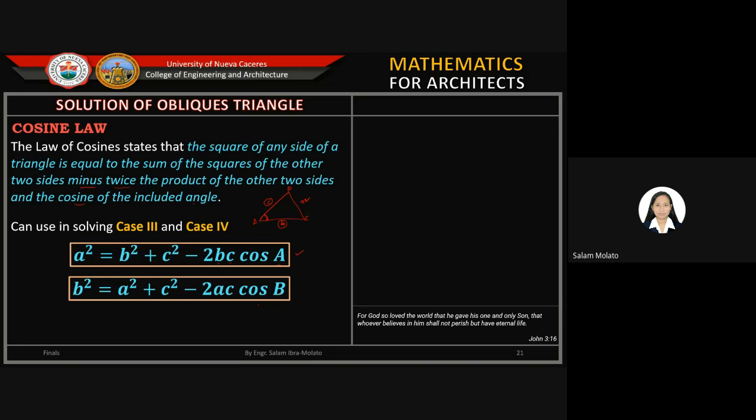That's cosine B. For another one, if we are looking for C, we have A squared plus B squared minus 2AB cosine C.